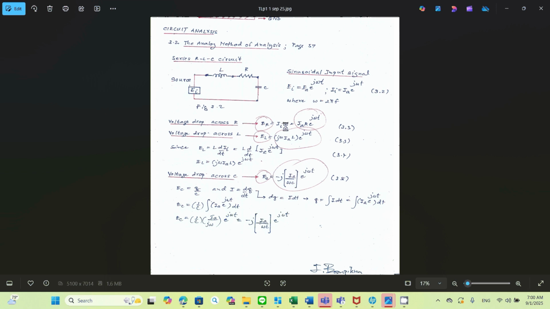If you're talking about impedance, you can see that R is frequency independent, whereas the inductor and capacitor are frequency dependent. For L, your impedance is omega L. For a higher frequency, you have a higher impedance.